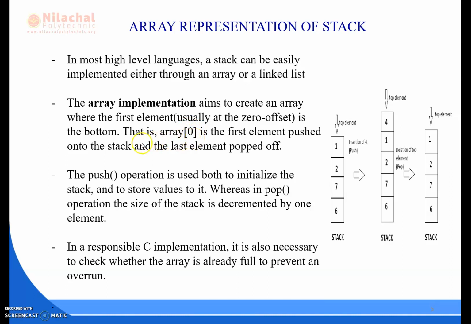So here also, in stack, when the data is pushed, the first element is stored in A of 0th position. Similarly, when the next element is pushed, it is pushed over the first element, that is array of 1, third element is array of 2, fourth element is array of 3, and so on.